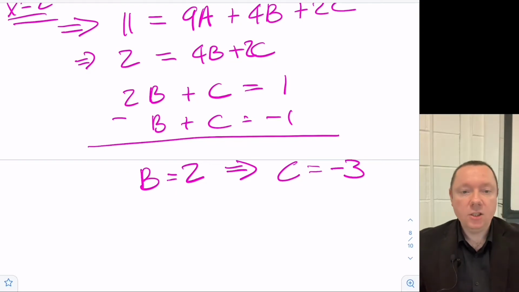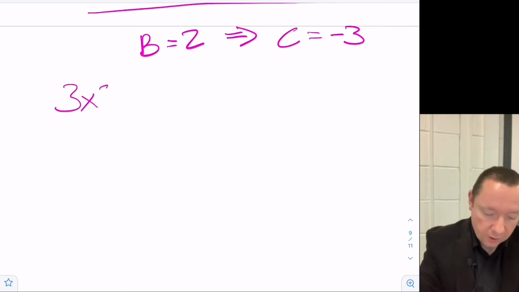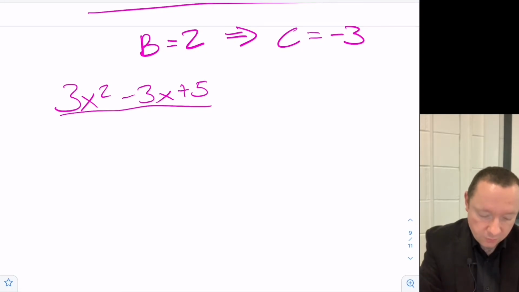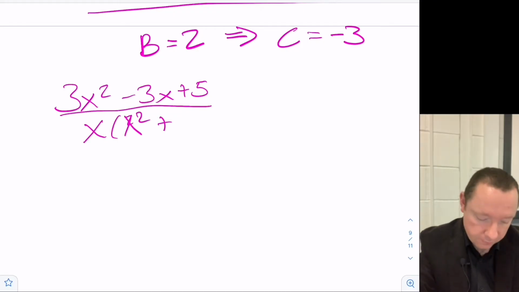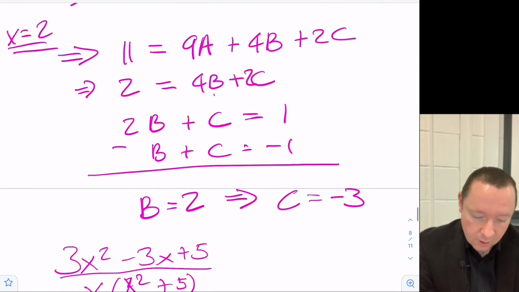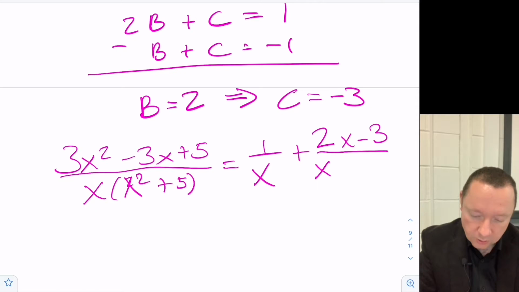So then, just to answer our question, (3x squared minus 3x plus 5) over x(x squared plus 5) equals A over x, so 1 over x, plus (Bx plus C) over (x squared plus 5), which is (2x minus 3) over (x squared plus 5).